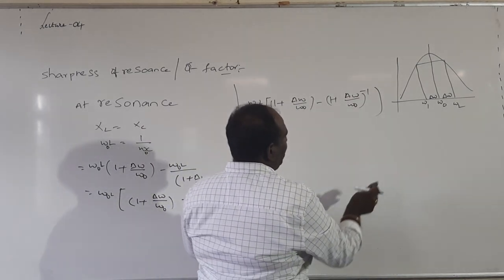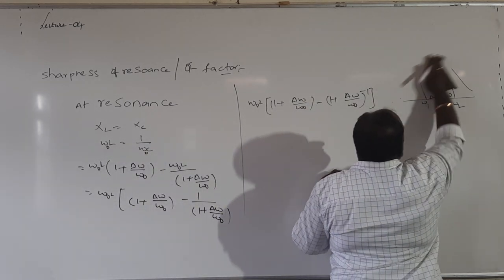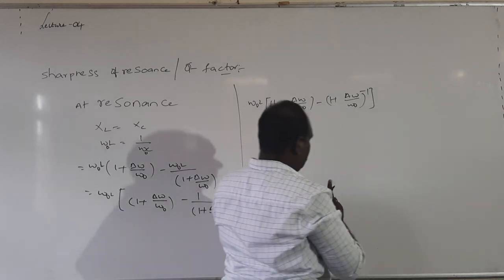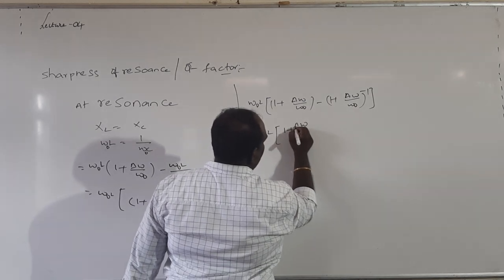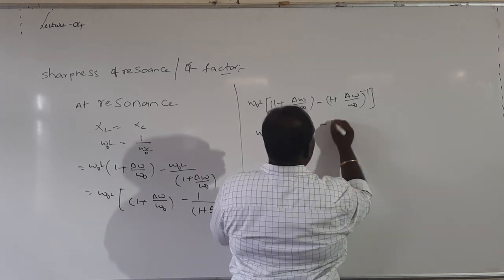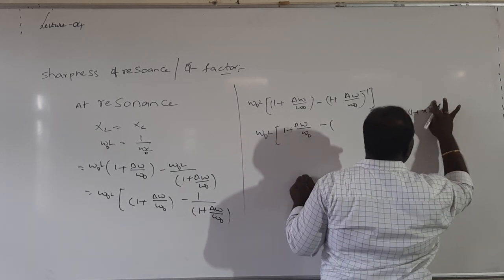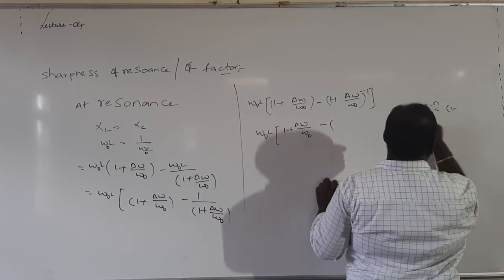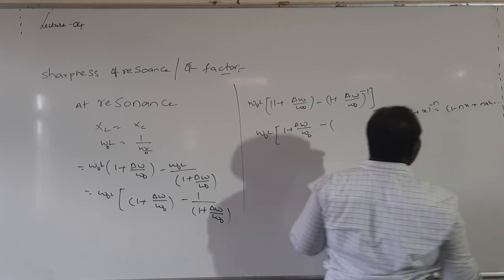So if you go with binomial expansion, we have a formula: 1 plus x whole power minus n is equal to 1 minus n x plus n x square, and like that we get alternate plus and minus.